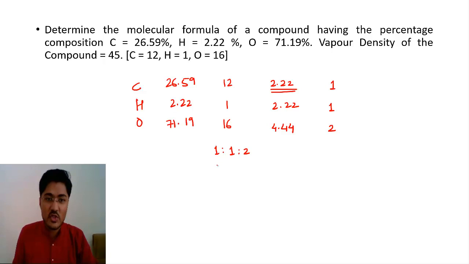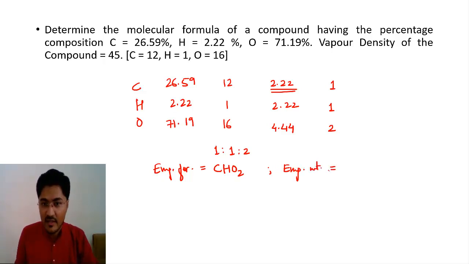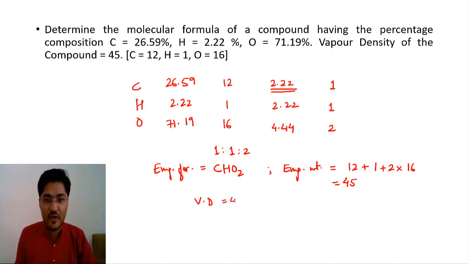So the empirical formula will be CHO2. This is the empirical formula. And now we find the empirical weight. Empirical weight is 12 plus 1 plus 2 into 16, that comes to 45. The vapor density is given as 45 in the question, and we know that molecular weight equals twice the vapor density, so it is 90, while the empirical formula weight is 45.